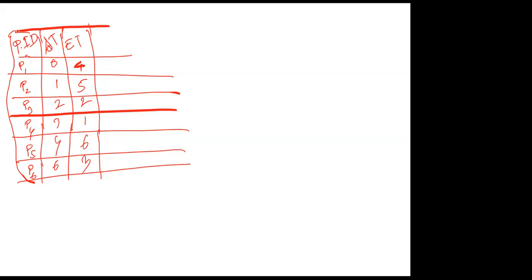Now let's see how the RR algorithm, round robin scheduling algorithm, works. We, as usual, will draw the Gantt chart, and we need to maintain a queue data structure to satisfy first come first serve.